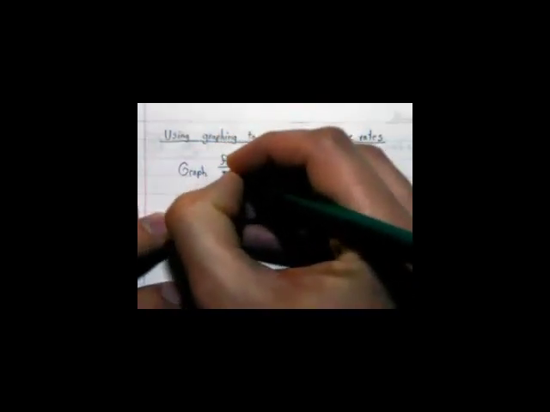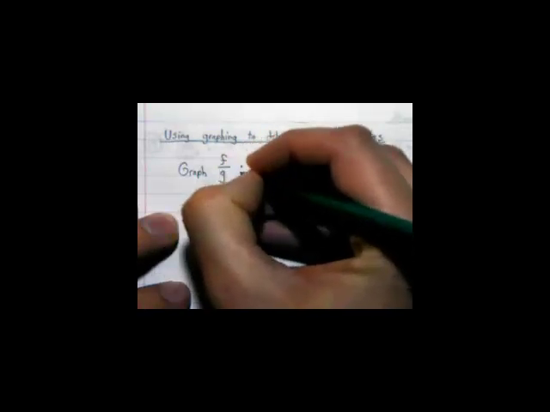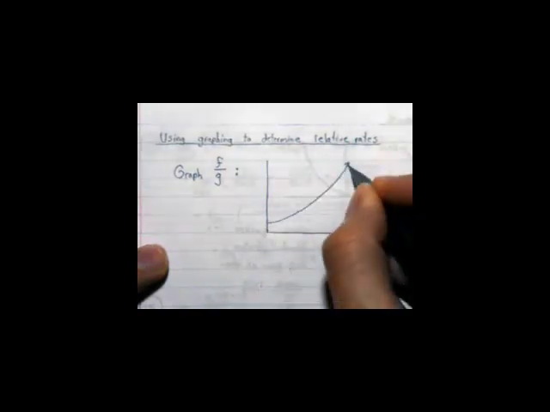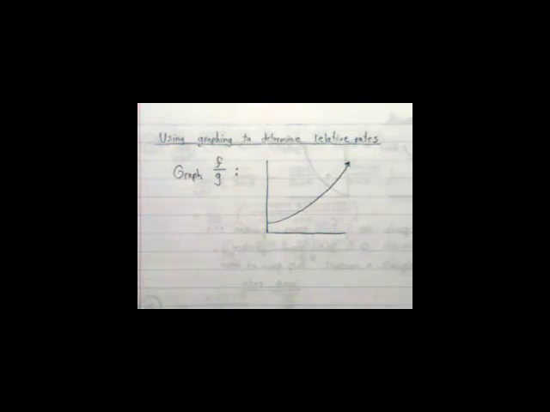Okay? So if you graph f over g, basically you're looking for the same three results, just in graph form. So if you see the limit on the graph, then you know. If I see something that's doing something like this when I graph f over g, what can I conclude?